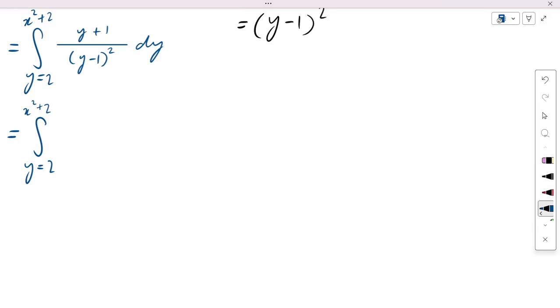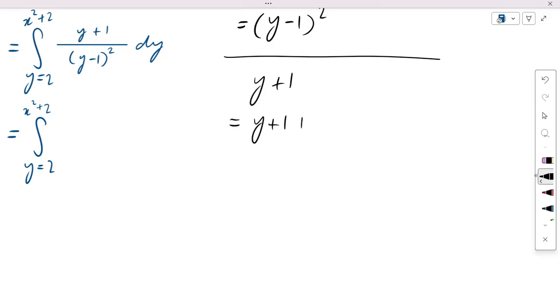Just for the series. So what I want to do is get y minus 1 somewhere in the numerator. Now, how do I do that? Let me just write it over here. So y plus 1. We need to rewrite this in terms of y minus 1. So we can also write it as y plus 1 plus 0.